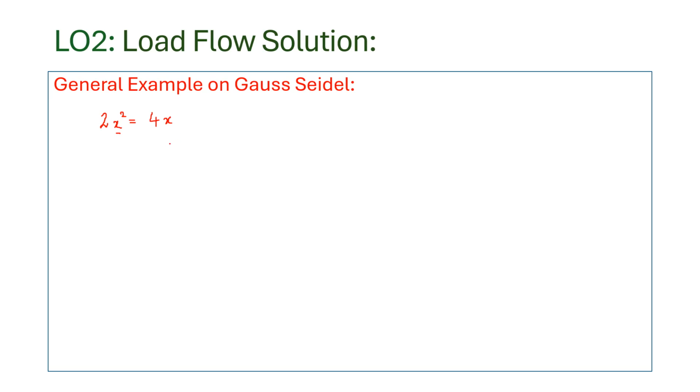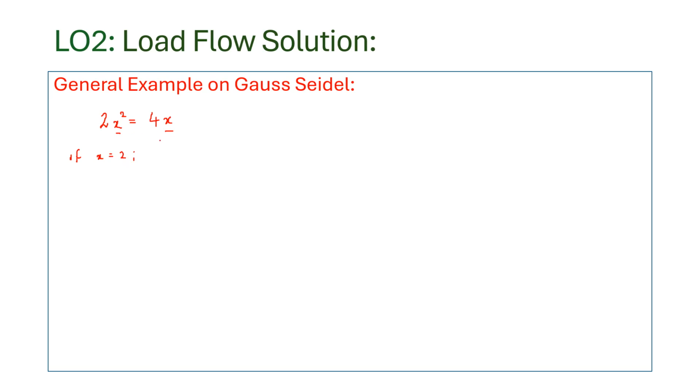So what is my variable here? The variable is x. I want the value of x for which this equation gets satisfied, or LHS becomes equal to RHS.